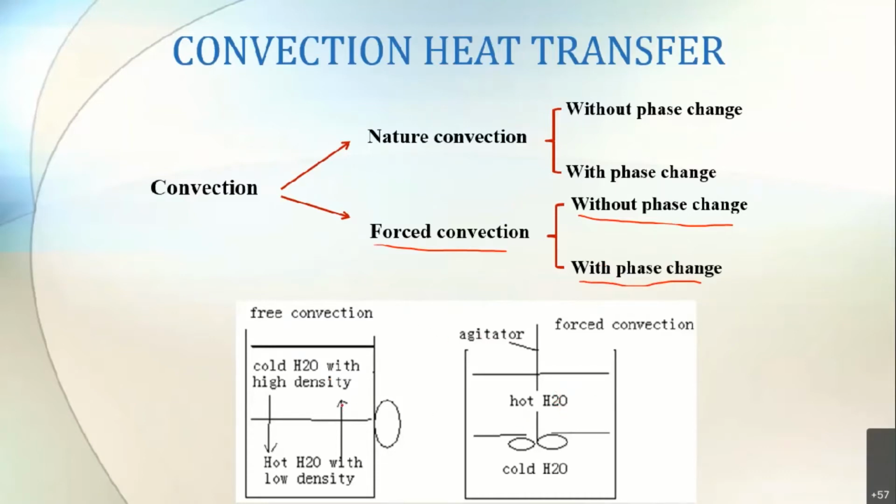You can see here we have the same setup. In one, you don't have any force to mix the hot and cold liquid, but here we have an agitator. So this is the force we are putting on the water. This is what we call forced convection, and this is what we call free convection or natural convection.